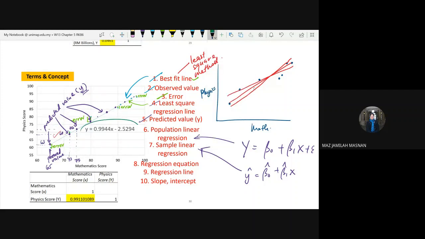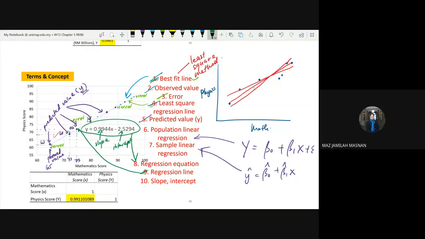The regression line refers to the line, and it is the same as the best fit line, the least square line, so they share almost the same meaning. Now, slope and intercept: this is our intercept, and this is our slope.